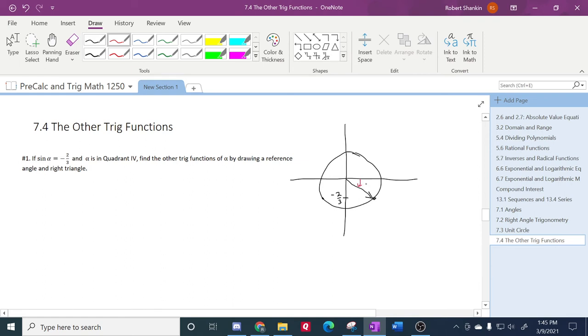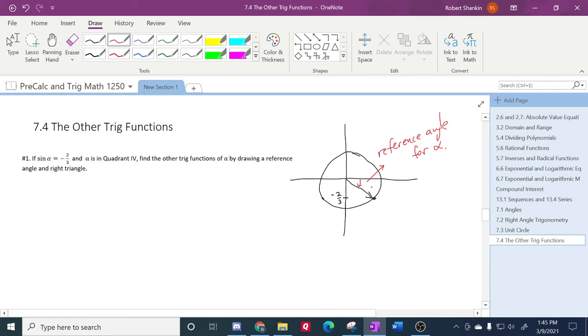But we often don't. We often draw the reference angle. The reference angle is way easier to work with. And so sometimes we even label that alpha. It's not really exactly alpha, but it's the reference angle. Remember, the definition of the reference angle is the smallest possible angle you can make with either side of the x-axis.